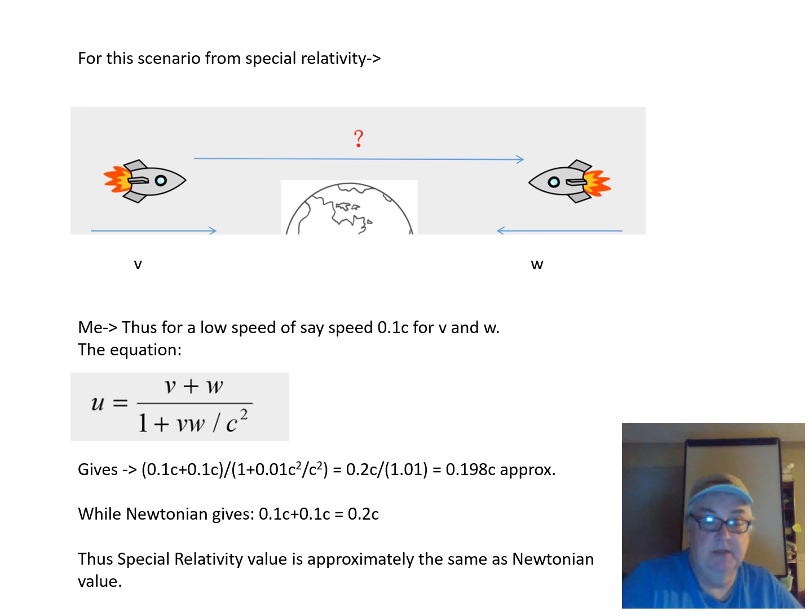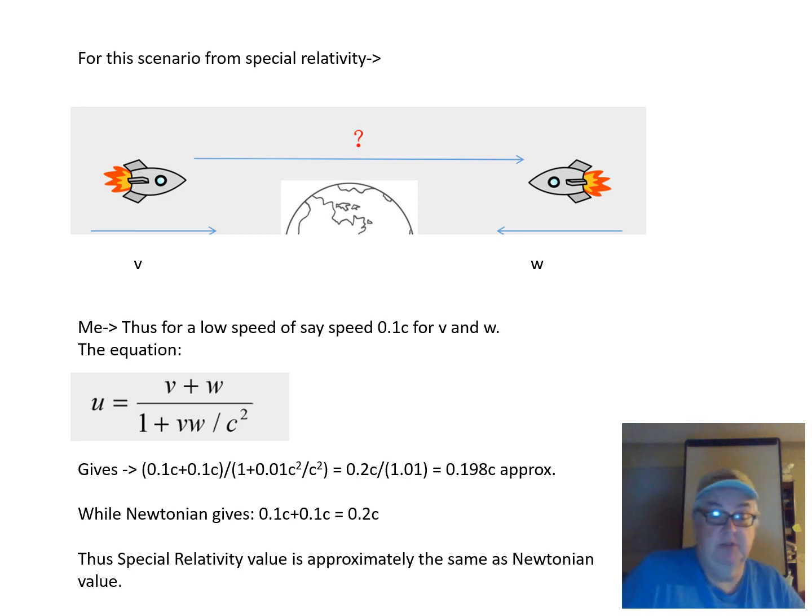From special relativity, it would be using this equation for the relative speed, and you substitute the value of v equals w equals 0.1c into that, and you get the value of 0.198c approximately, while noting that earlier the Newtonian value for this relative speed was 0.2c.